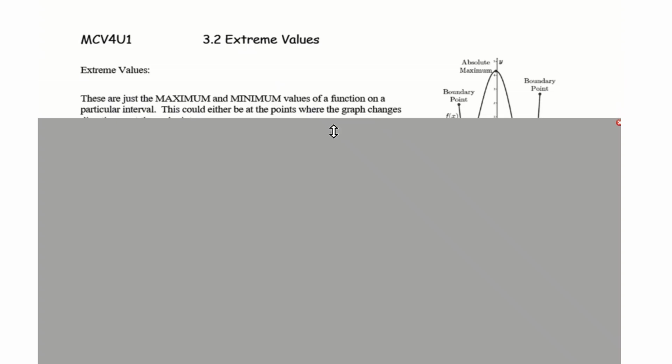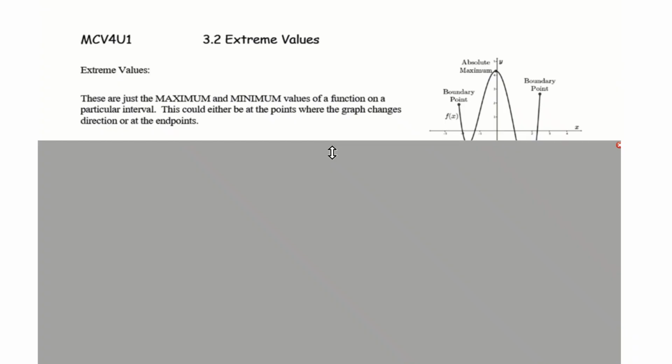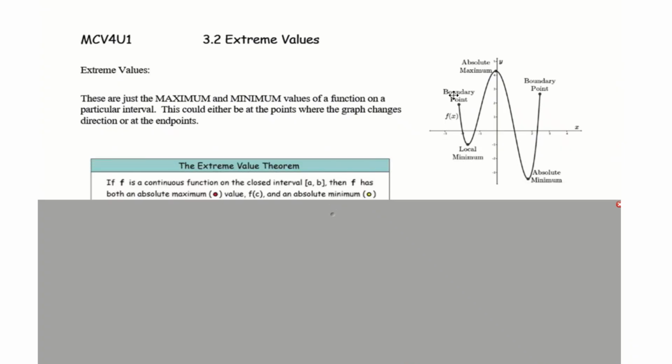For a function, it may have a local maximum or local minimum. So this one is a minimum at these intervals, but it's not the absolute minimum for the whole function. The lowest point we call the absolute minimum, and the highest point we call the absolute maximum.